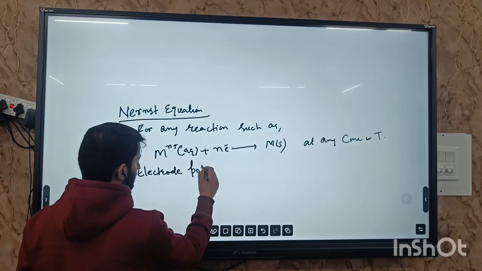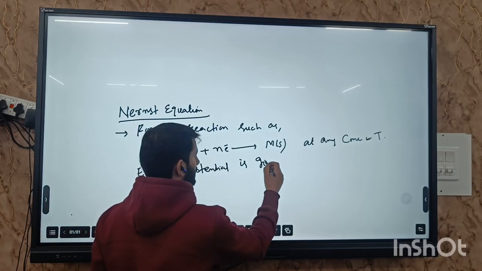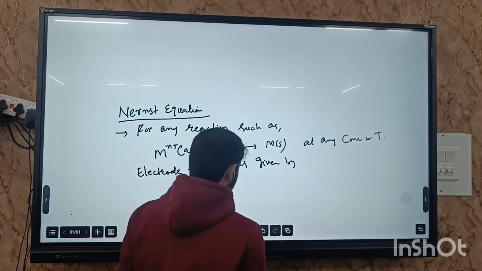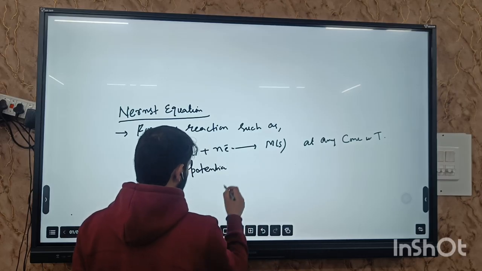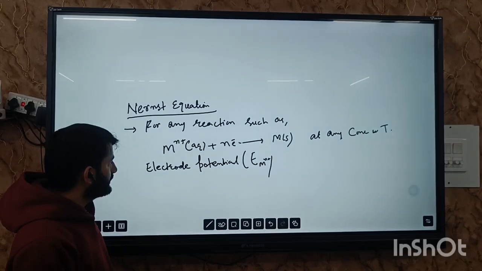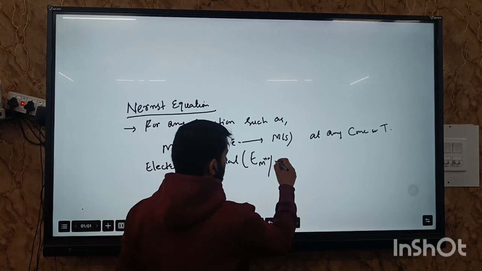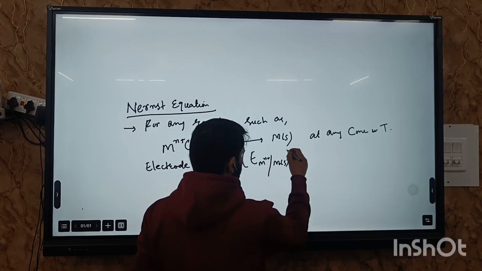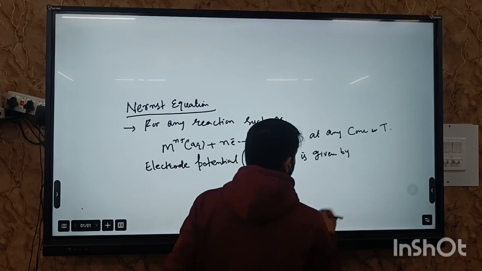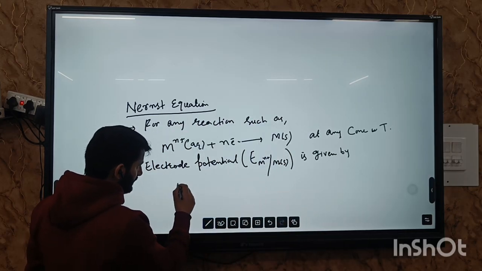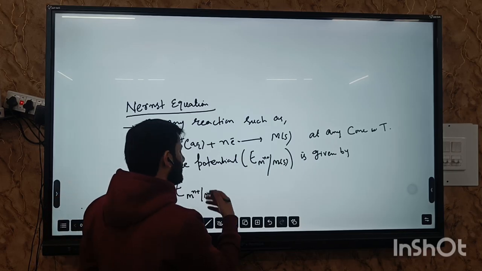is given by, okay, in front of electrode potential we should write E. The electrode potential E of M n+ to M solid is given by E of M n+ to M, or even in its reduced state.